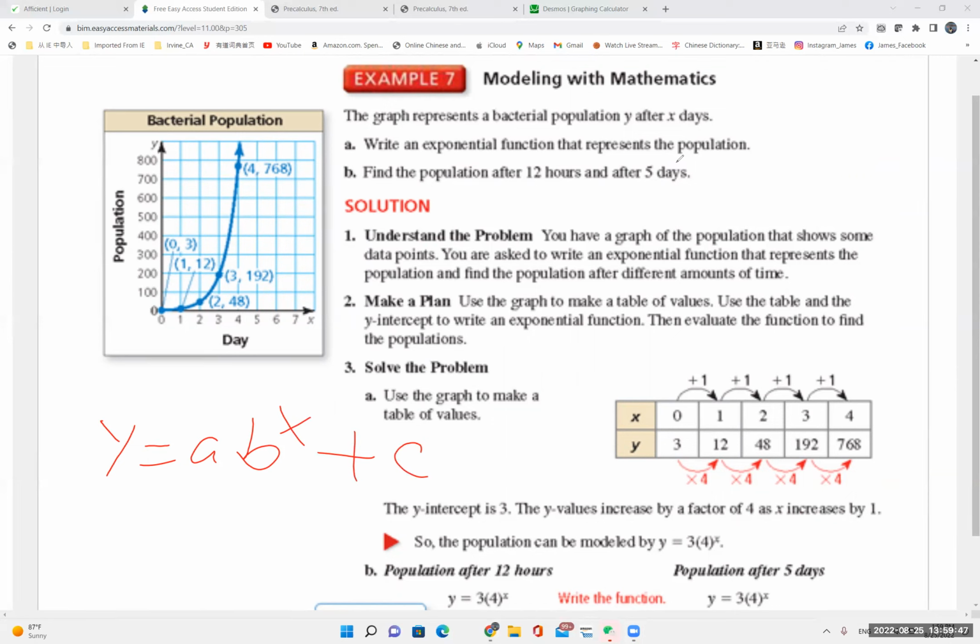But the range is still greater than 0, so suppose c is 0. It means we didn't really add a number, but don't write it this way. So c equals 0, then y just equals a times b to the x. Then use 2 points to decide a and b. Finally, you get this.